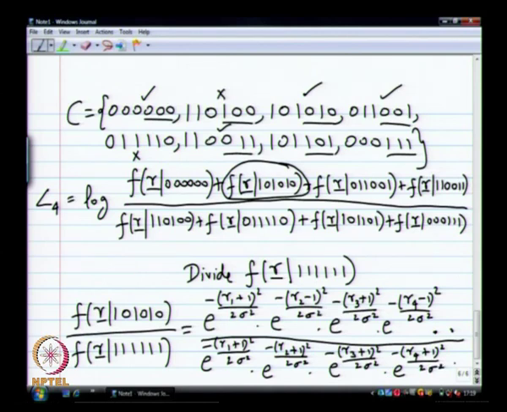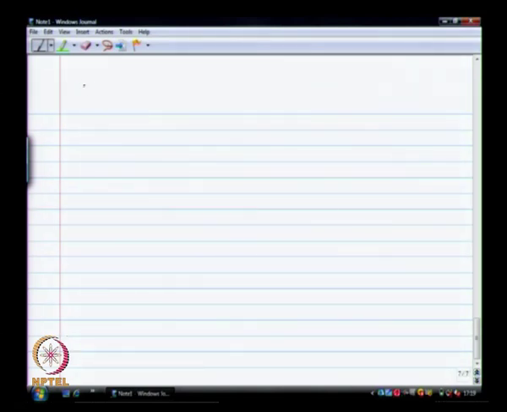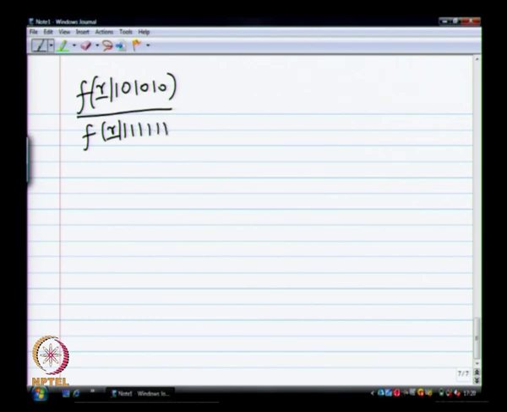So you see clearly there is some cancellation. Whenever you have a 1 it will cancel. Whenever you have a 0 it will not cancel. Essentially, another way of writing this, which will simplify things a lot, is to write down the same expression again in a slightly different way: f of r given 1 0 1 0 1 0 divided by f of r given 1 1 1 1 1 1.